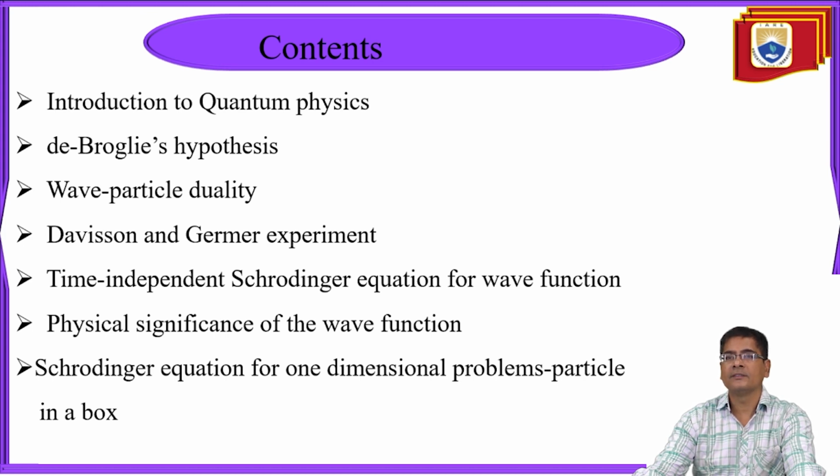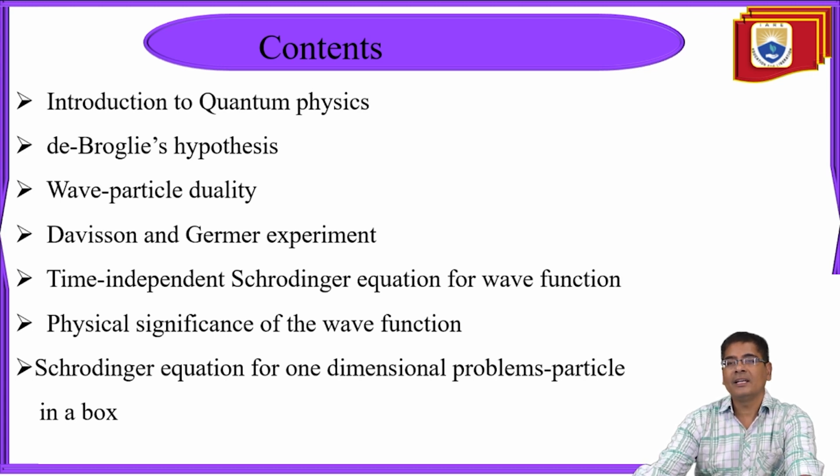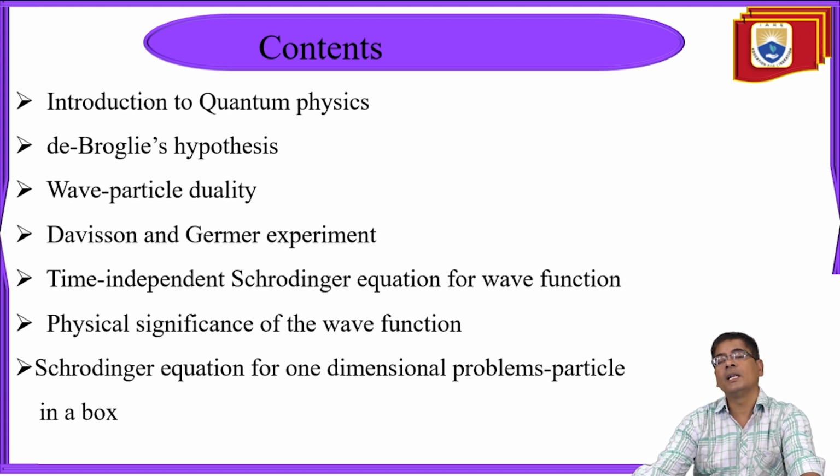The last content of Module 1 is the Schrodinger equation for one-dimensional problems. In that we have an application called particle in a box. So these are the different contents available in Module 1.